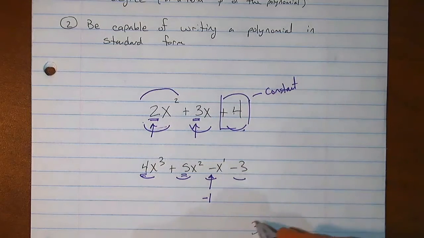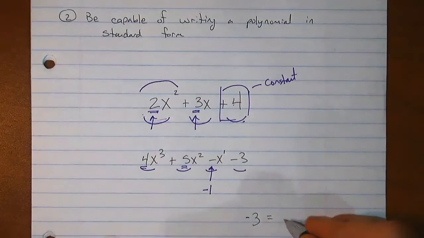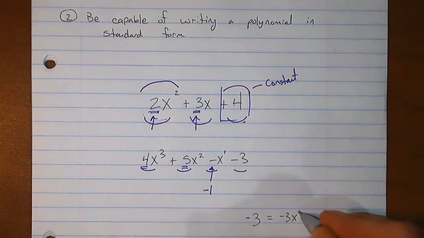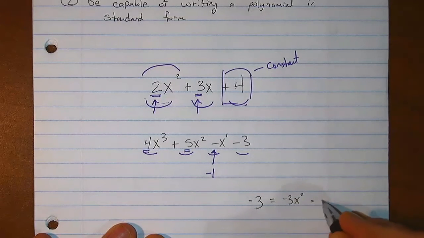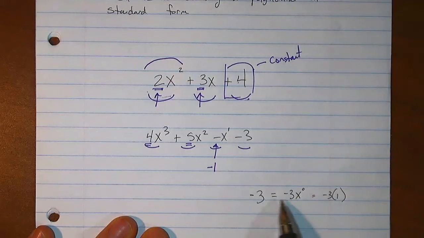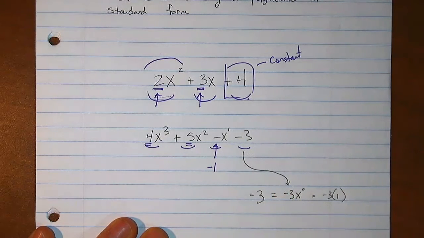Because the sign goes with it. -3 is the same as having a -3 times x to the 0 power, because x to the 0 power just equals 1. So that's the same as a -3 times 1, right? All of these things mean the same thing, or they have the same value. And so I can think of my constant like this.